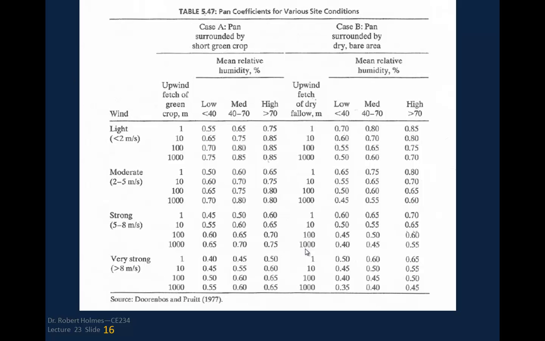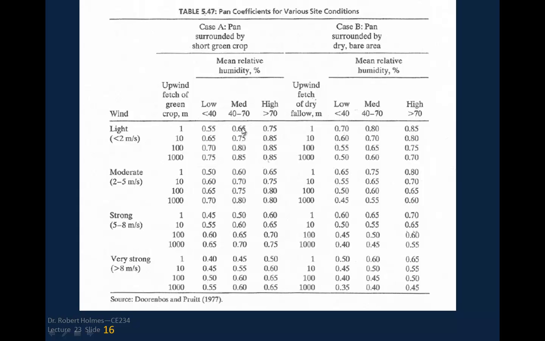This is an example given in a textbook that I use, but essentially this is some research that was done in the late 70s, and you can see these Pan coefficients. If your Class A Pan is surrounded by short green crop, and you've got medium relative humidity, you can see for light winds your Pan coefficient is about 0.65.